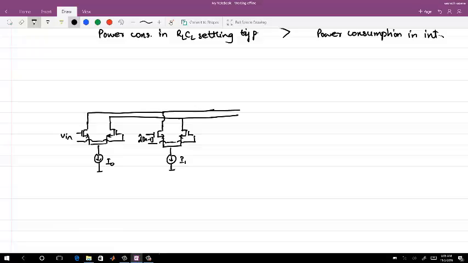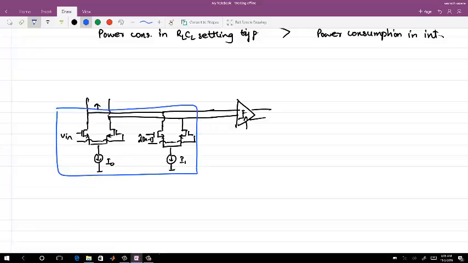This part is going to the comparator, which is clocked. I'm just showing 2 taps here, and you know that the current coming out of this whole combination is ISUM.